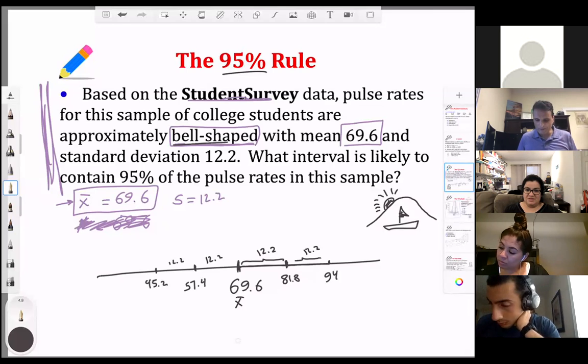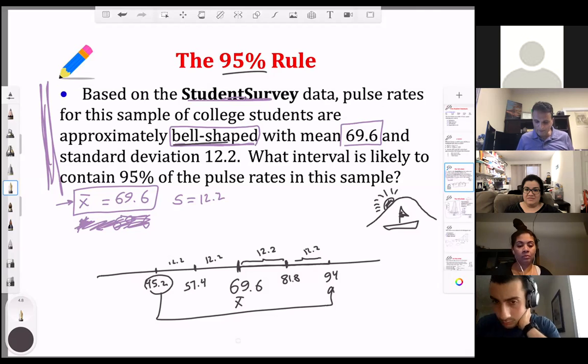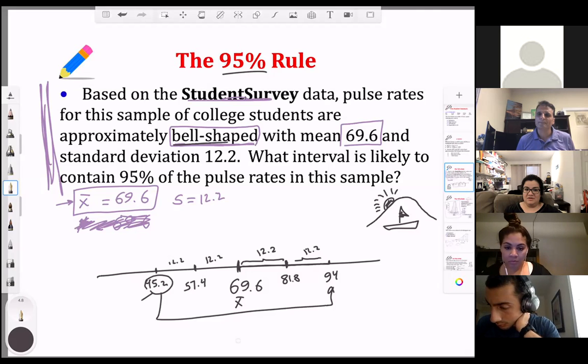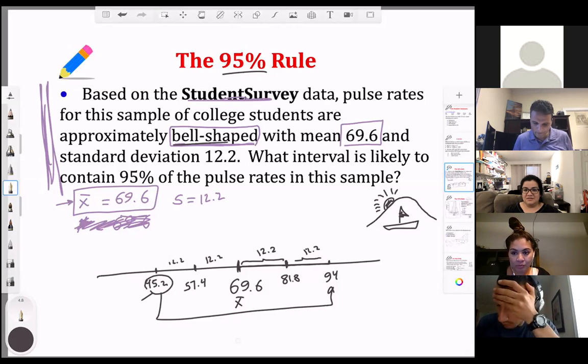So the interval from 45.2 to 94 contains 95% of the data. 81.8 plus 12.2 is 94.